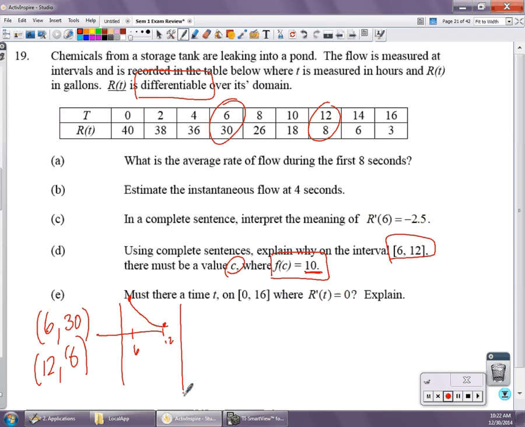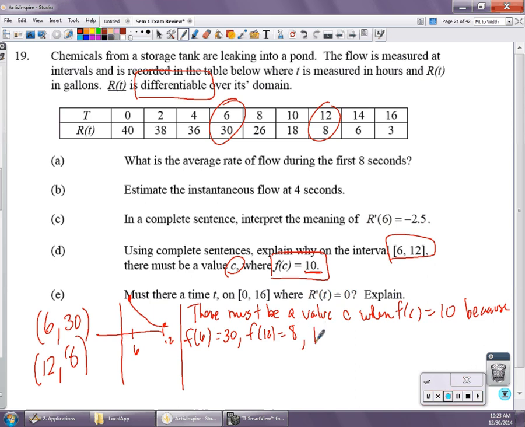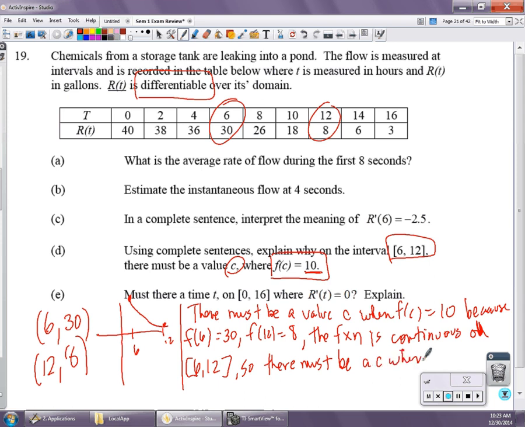So let's write my complete sentence. There must be a value c when f of c is equal to 10 because f of 6 is 30, f of 12 is 8, the function is continuous on 6 to 12, so there must be a c when f of c equals 10 by the intermediate value theorem.